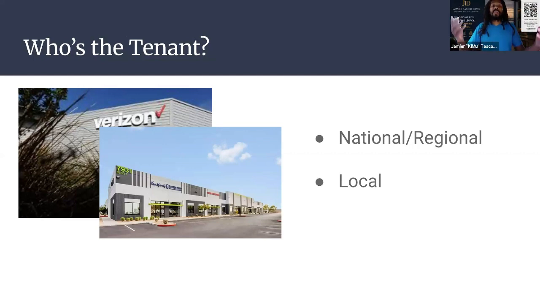Because why? Because there is a likelihood that they're going to stay longer term. They're going to stay past the lease that's in place, whether it's 5, 10, 15, 20 years. The likelihood for them staying there is high. When you get to local, the likelihood of them staying is high, but it's just a little bit lower than national and regional companies, just because it's just a local company.